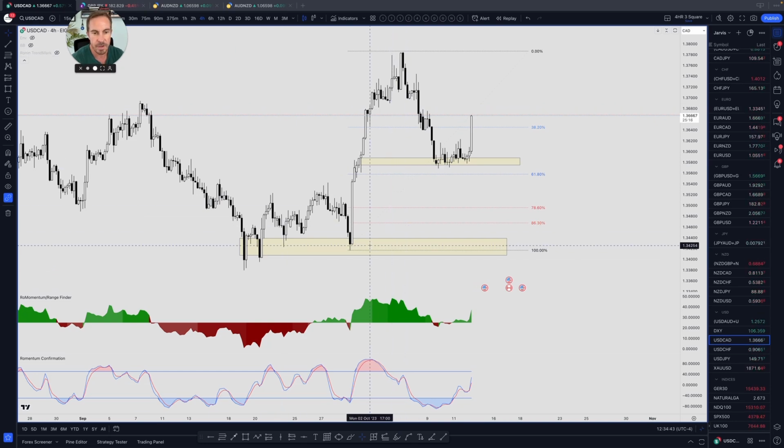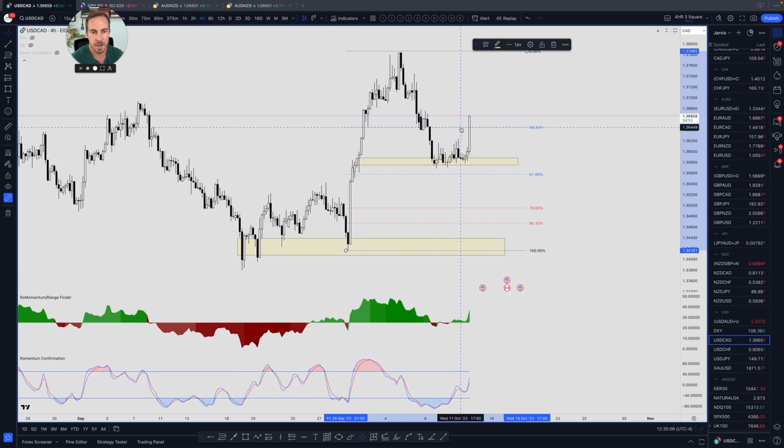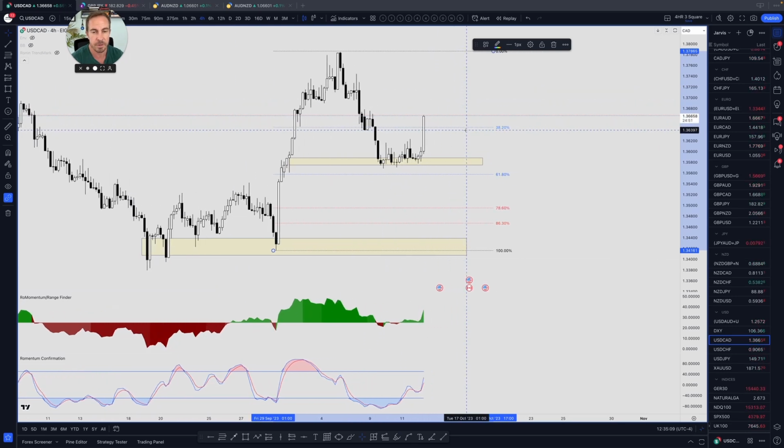So now if I take a fib from this low to the high here, and this is one of the reasons why I was in it before the data, but decided to play it safe, which I think is a better move before inflation, and to exit the trade. So there's that. I can't beat myself up too much for that. But I'm going to be looking to re-enter this on a pullback.